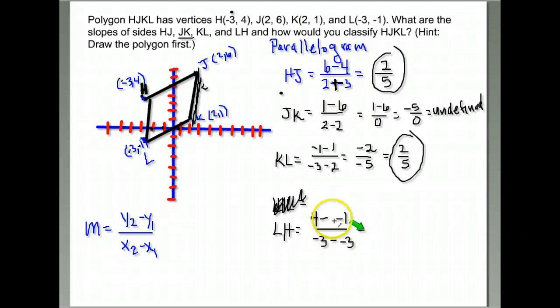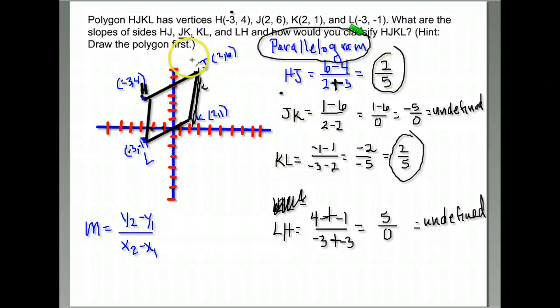Notice on both of these I have minus and negative, so those change to plus and plus. So on top, 4 plus 1 is 5, and on the bottom, negative 3 plus 3 is 0. Again, that's called undefined. If you try to divide that in your calculator, it's going to tell you you have an error.